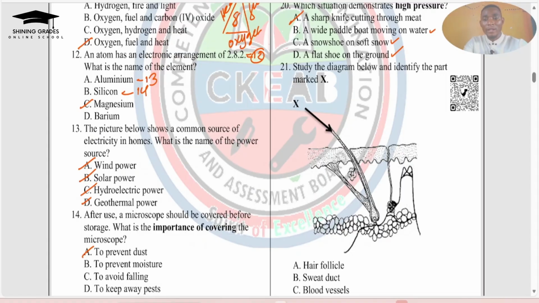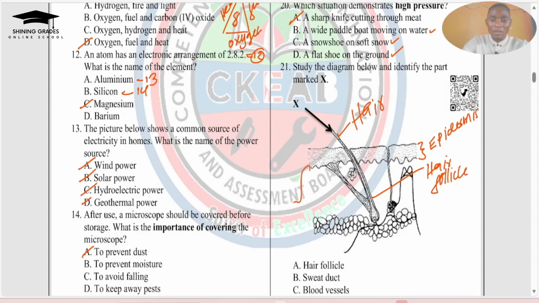Question 21. Study the diagram below and identify the part marked X. This is a section of human skin. Some of the parts we have: the hair, the epidermis, the first layer of the mammalian skin. And we have other parts. We have the hair follicle, and remember, this is found in the layer that we call the dermis.